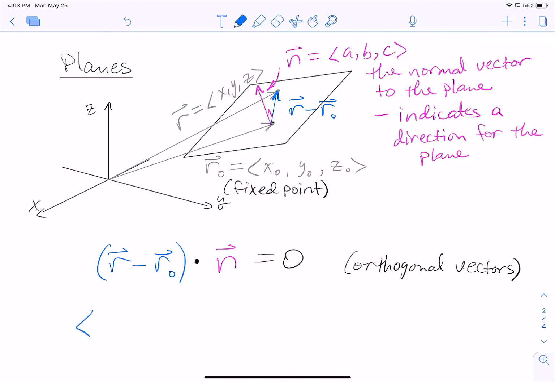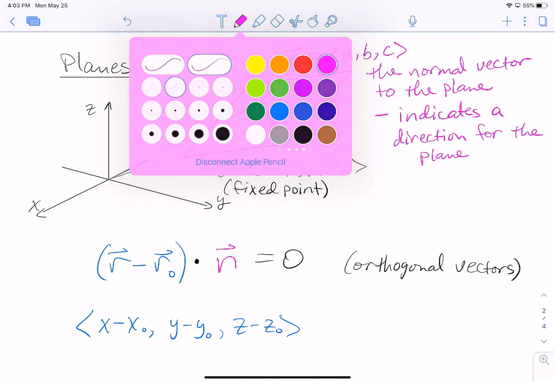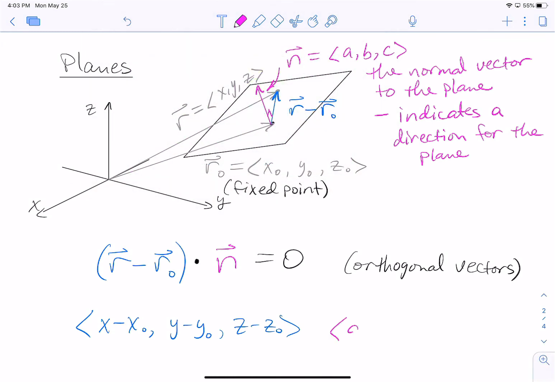The vector r minus r naught is expressed as x minus x naught, comma y minus y naught, comma z minus z naught. The vector n, we said, had components a, b, and c. And we're going to find the dot product, and we know that that dot product is going to be 0.